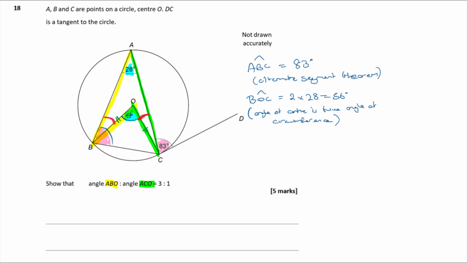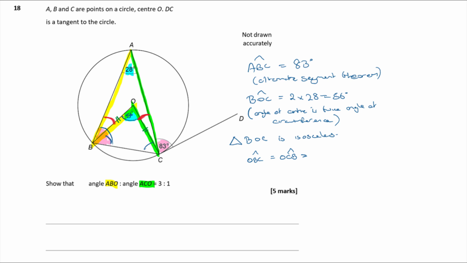So I can say triangle BOC is isosceles. Therefore angle OBC is going to be equal to angle OCB. Those two base angles, like there and there, are going to be equal to each other, aren't they?